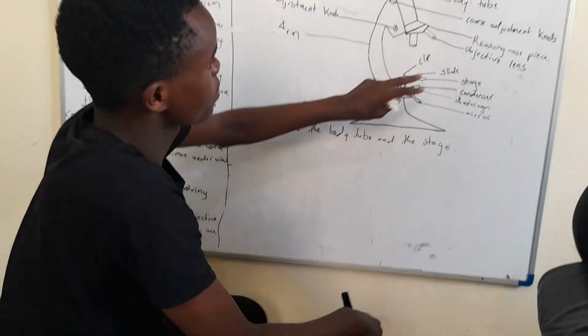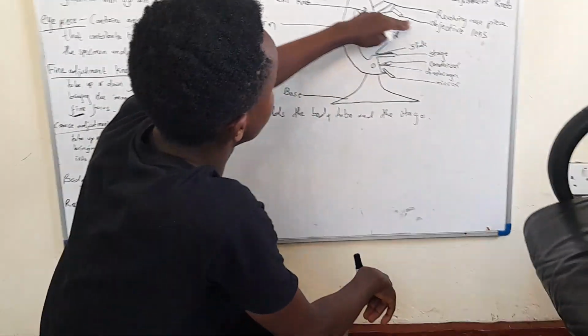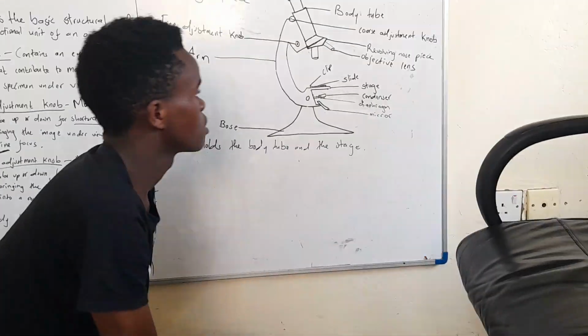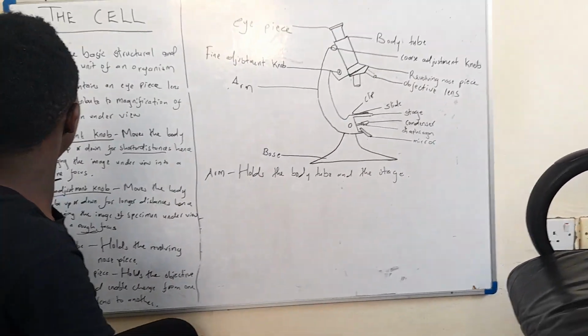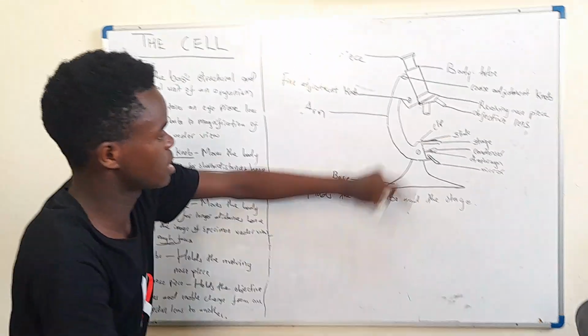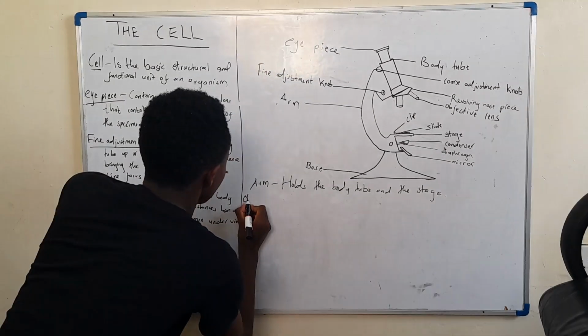Now we go to the objective lens. So what's the function of an objective lens? We covered the eyepiece lens. Now we are going to the objective lens.